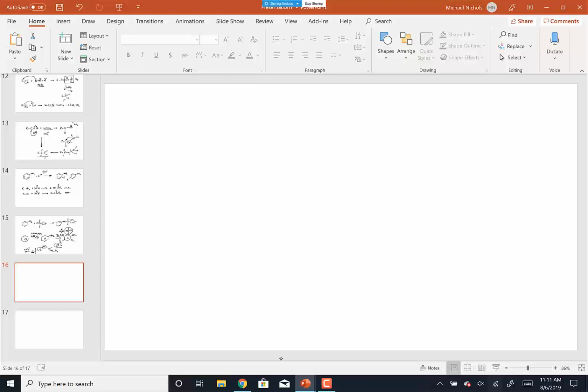It will come up tomorrow, which is why I sometimes don't even use the Hoffman term, because I'm like, you're going to have to wait until next semester to learn it. Tomorrow is next semester. So we'll talk about Hoffman elimination, which we automatically will know will give us the double bond that is least substituted. But Hoffman and Cope have some other issues.